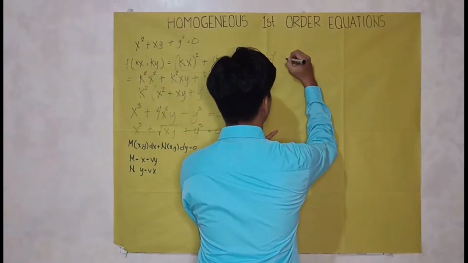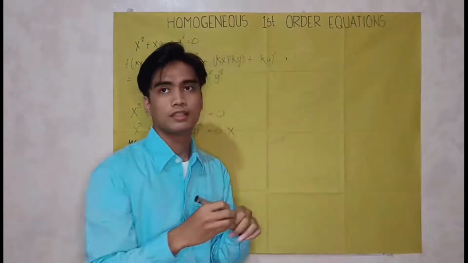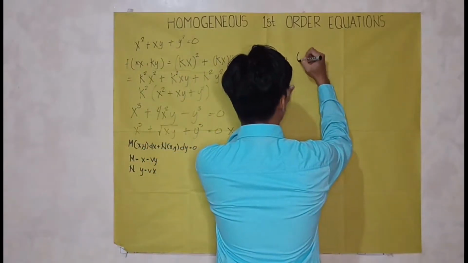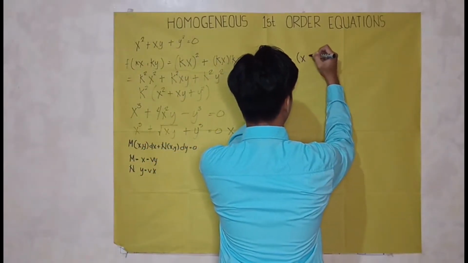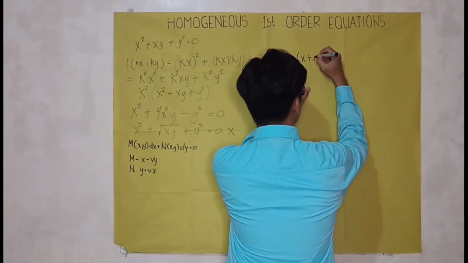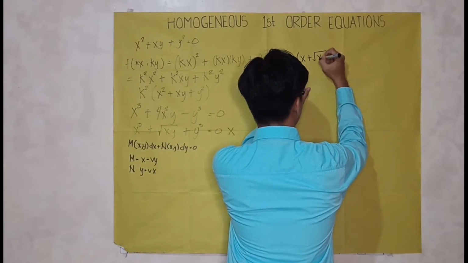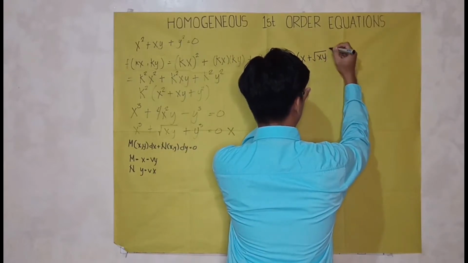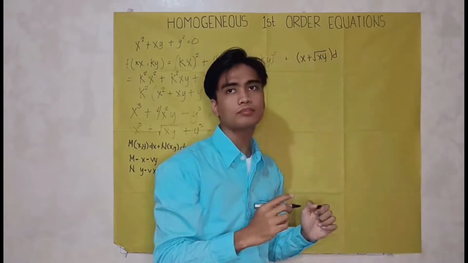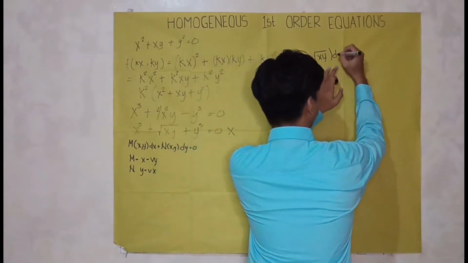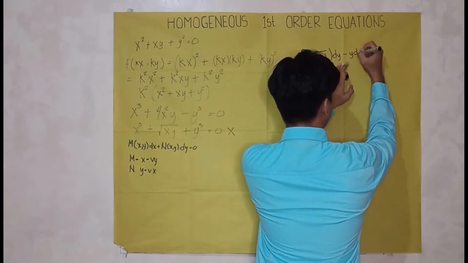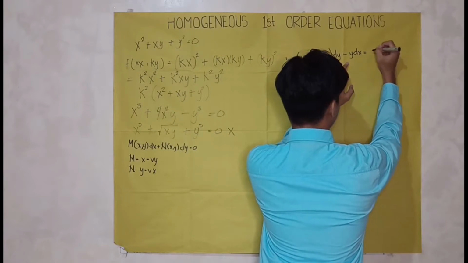So, example number 1. Solve the equation quantity x plus square root of xy dy minus y dx is equals to 0.